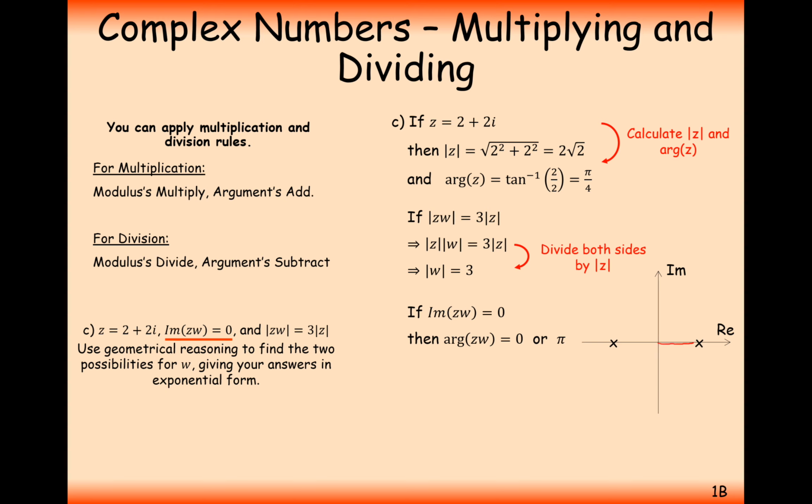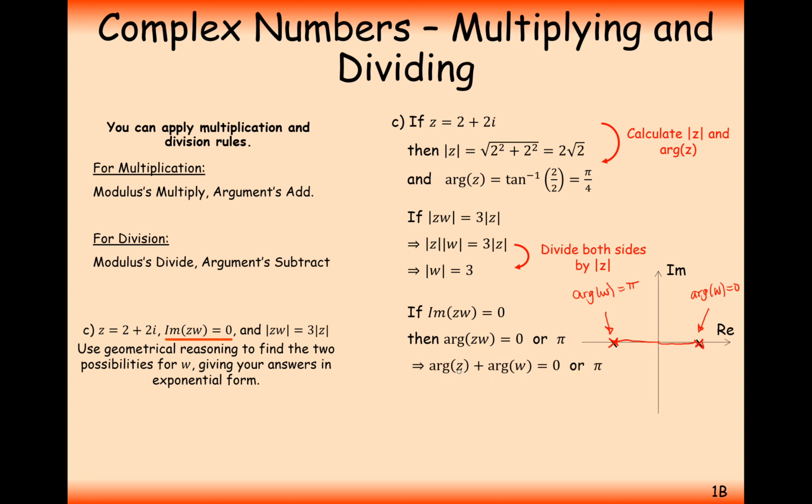It will only go left or right. So at this point here, the argument is 0. Or at this point here, where it's just in the negative real direction, the argument is pi. So that's why the argument of zw is either 0 or pi.